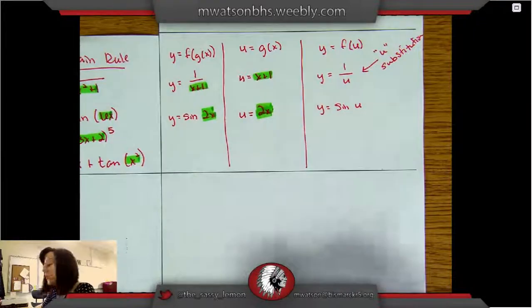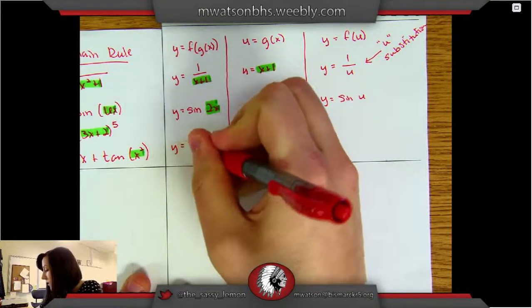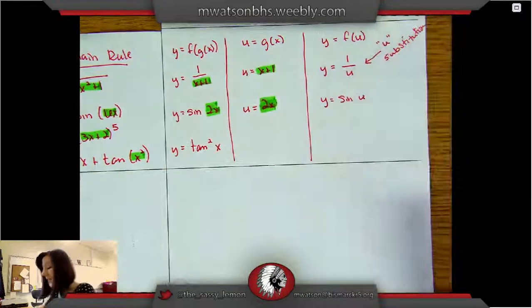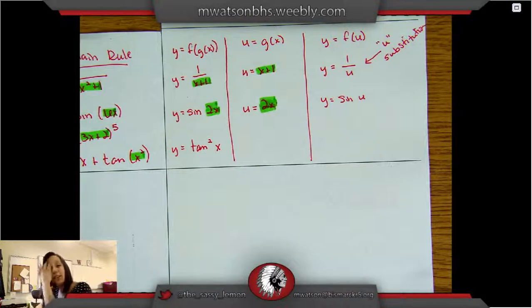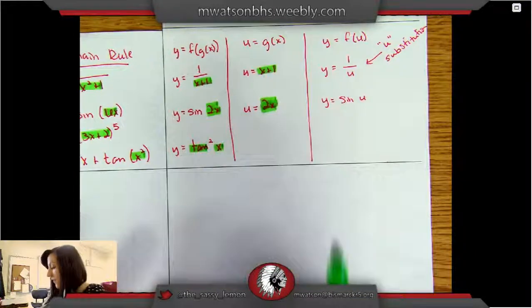Okay, let's do one more. Say we have y equals tangent squared x. This one's a bit trickier, so you have to figure out what is our inside function. Before it was composed, what was the inside function? This one is actually tangent x.